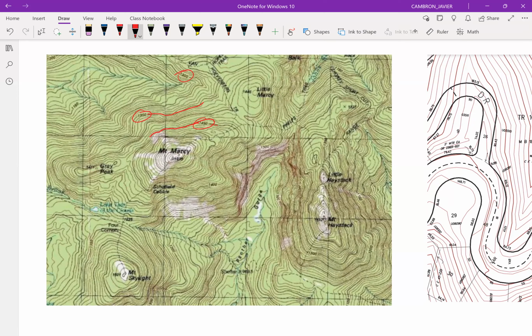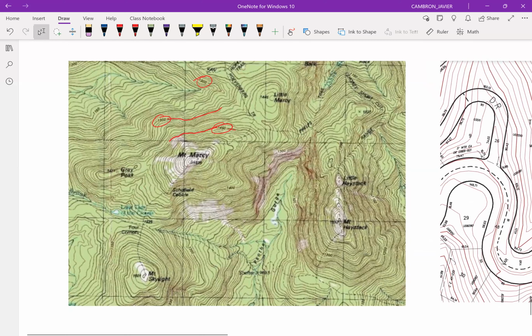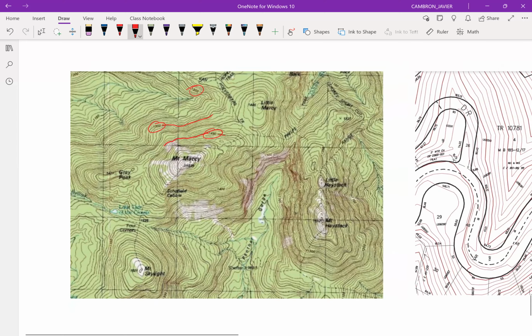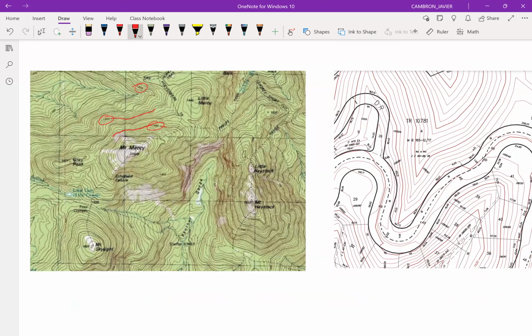If it's an imperial map, so an American map, these represent feet. So this represents 1,450 feet above sea level. Okay, 1,350 feet above sea level. And these are the lines we call contours.